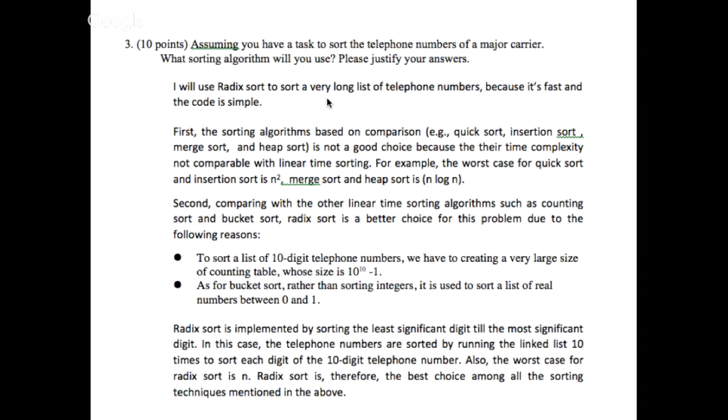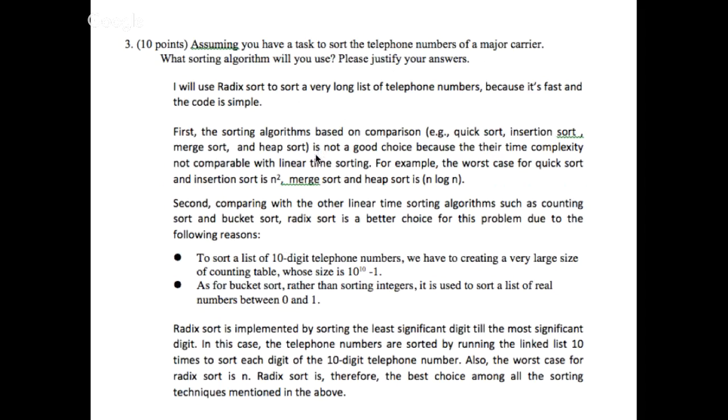So the reasons: first, linear time sorting is faster when we compare it to the sorting algorithms based on comparisons such as quick sort, insertion sort, merge sort and heap sort.